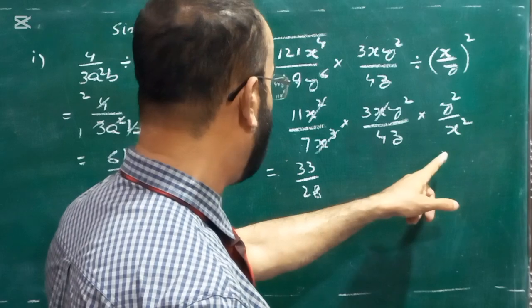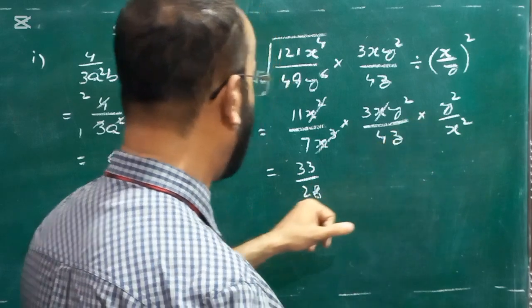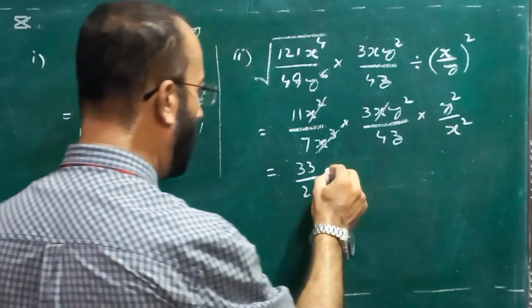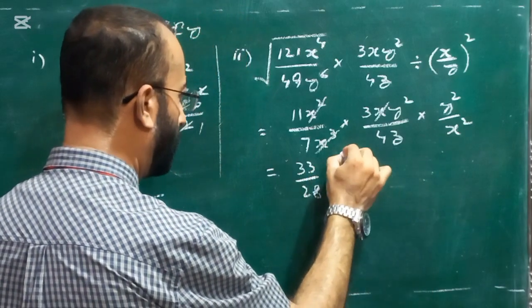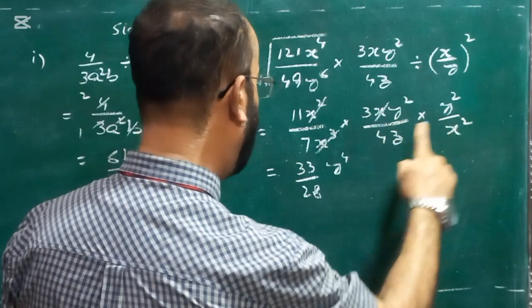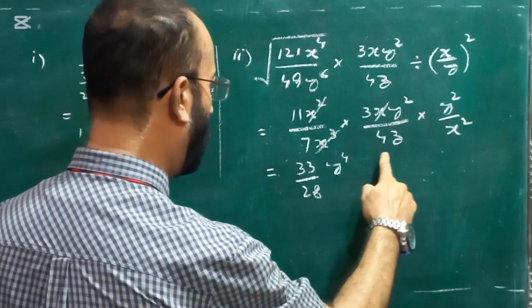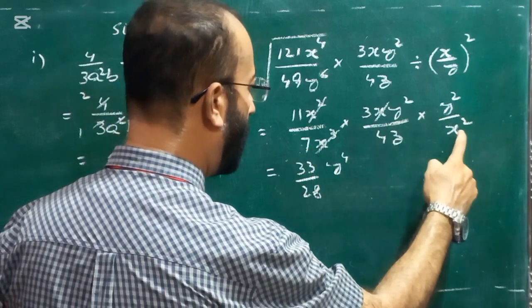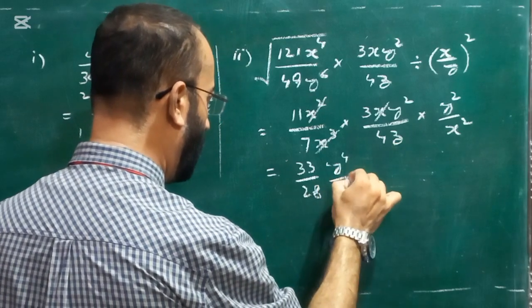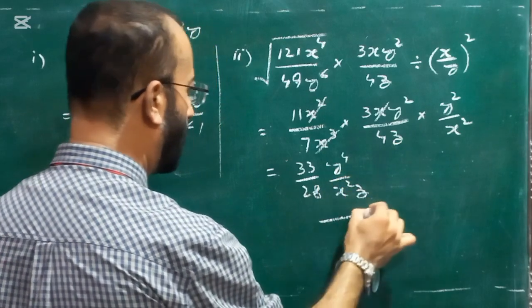No y is in the denominator and no z is in the numerator. So now simplify the values. Y square will be y4. Okay, all values are solved in the numerator. Now in the denominator we are having x square into z. So this is the answer.